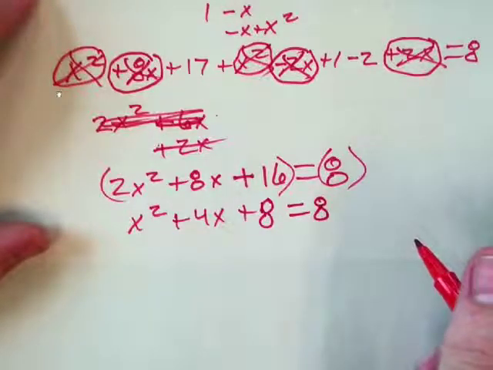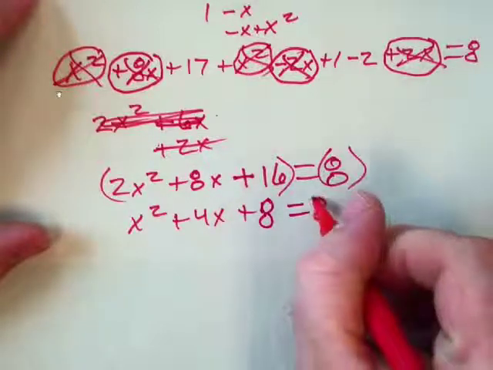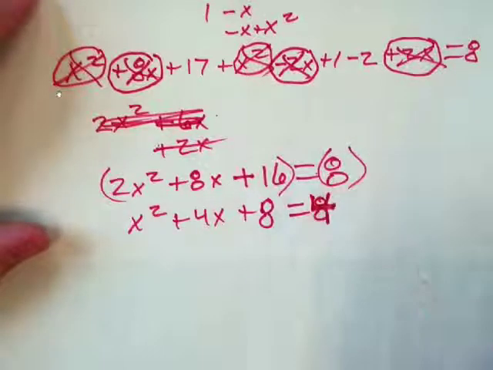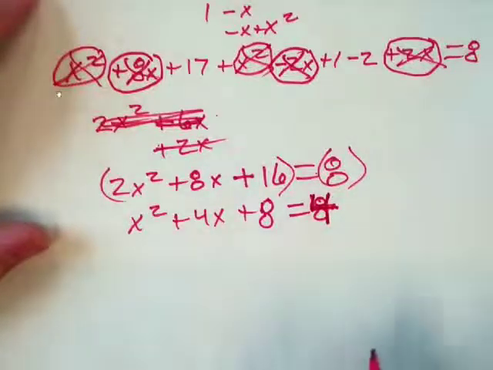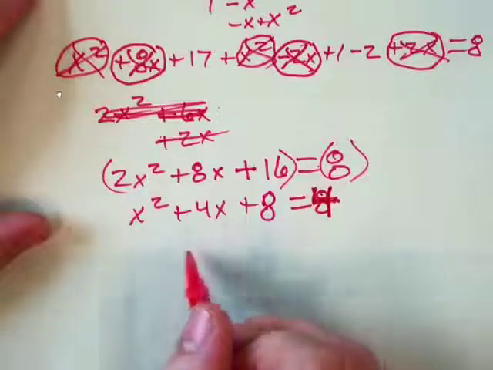We need this to be equals 4. Don't forget, you're factoring out the 2. I almost forgot. Okay, so now we've got the 2 factored out.